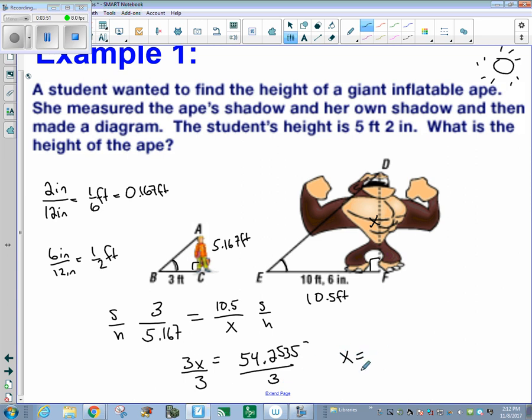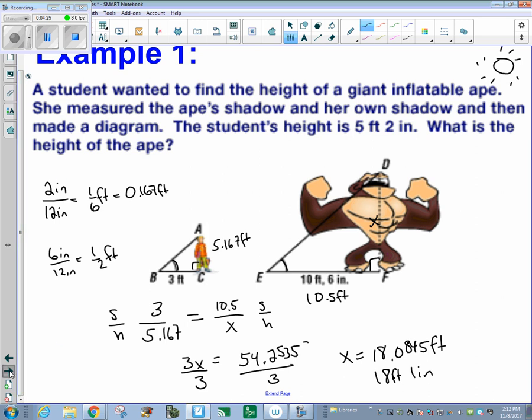When I divide by 3, I end up with 18.0845 feet. If I wanted to convert that into inches, I would take that decimal, 0.0845, and multiply it by 12, because there are 12 inches in a foot, and that's approximately 18 feet and 1 inch. Either one of those answers would be okay, but this is how we're going to be doing indirect measurement.